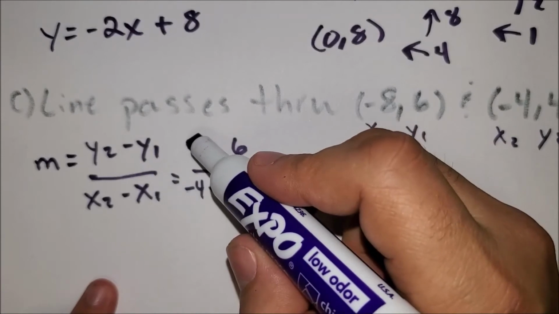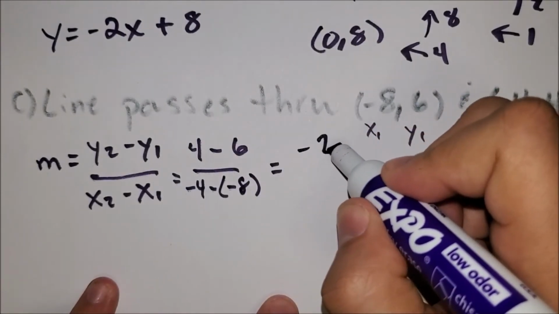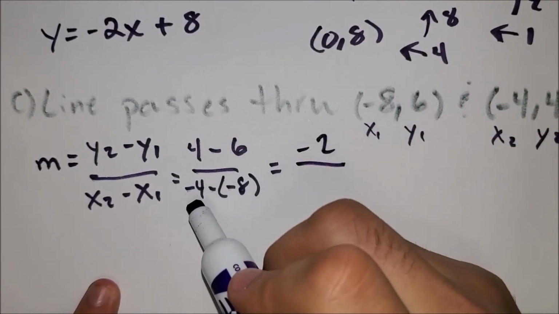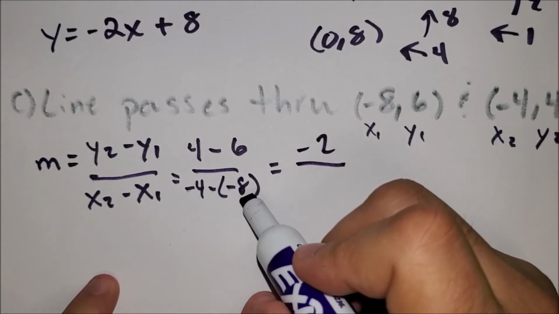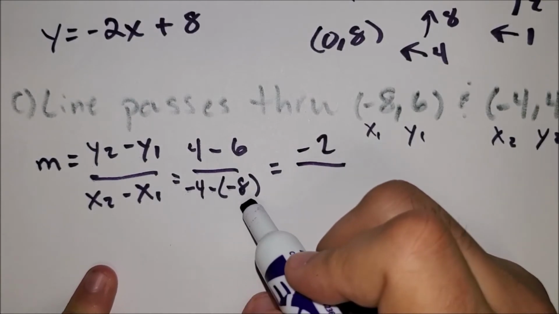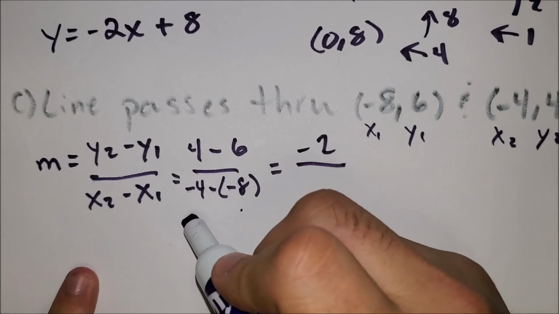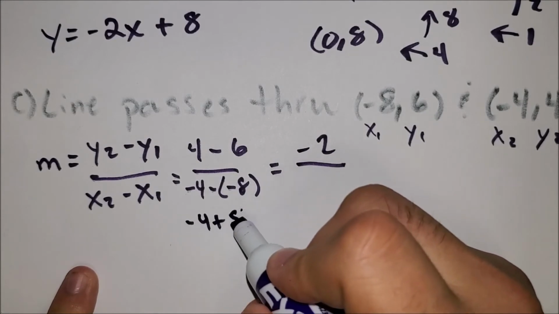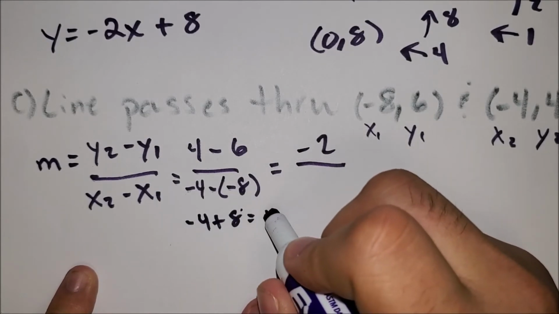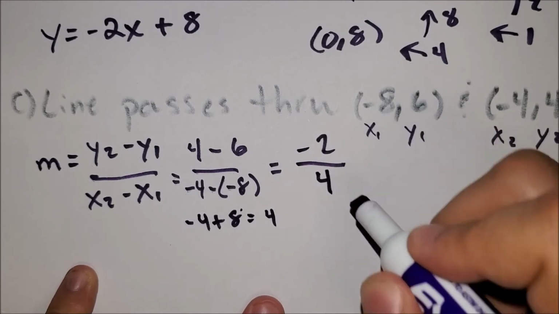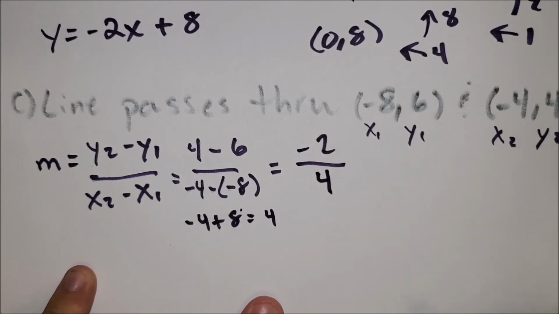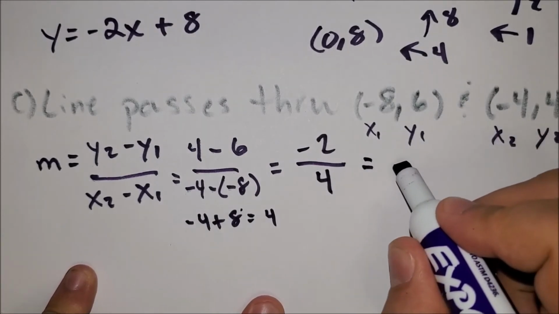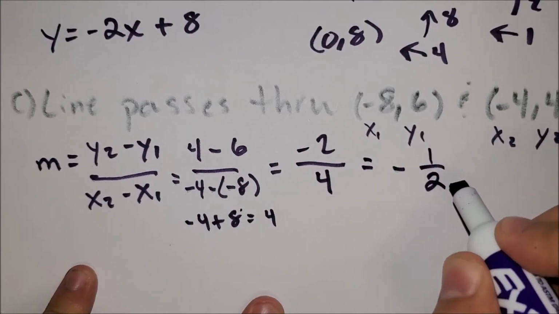This gives us 4 minus 6 is -2. -4 minus -8 is the same thing as -4 plus 8. So -4 plus 8 equals 4. So at our bottom, we have 4. This simplifies to -1/2.